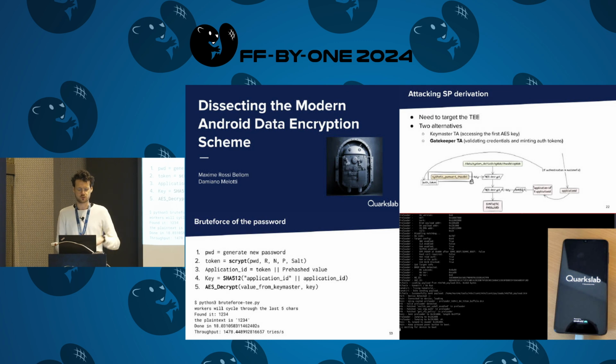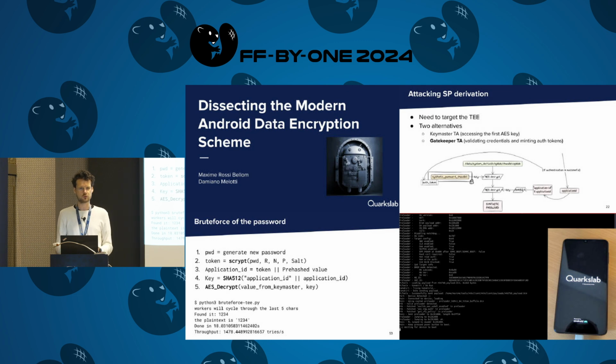So we took a phone that had an existing known BootROM vulnerability that we could exploit, and we played with the various internal components involved with the encryption of the data that you end up storing on your device. We wanted to know how an attacker would try to defeat the scheme, how the password or any authentication factor of the user is involved in the process, and we ended up building a picture of how this whole thing was working.